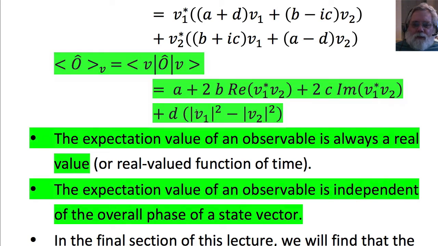This is going to go away because this magnitude and this magnitude are the same for the eigenvectors of Pauli matrix sigma 1. This is going to go away because there's no imaginary part, so we're going to end up with this B part.